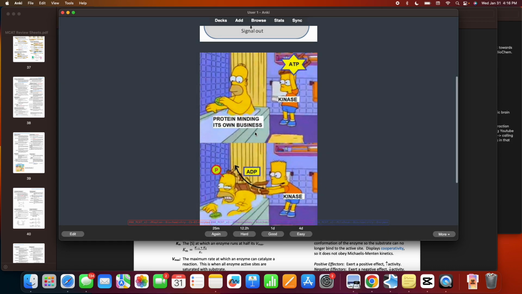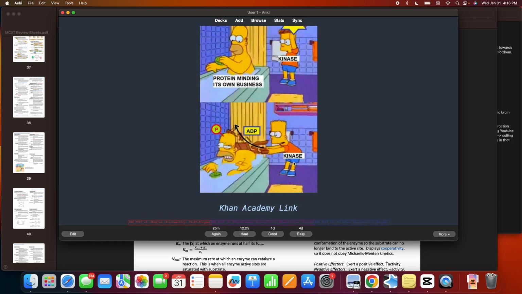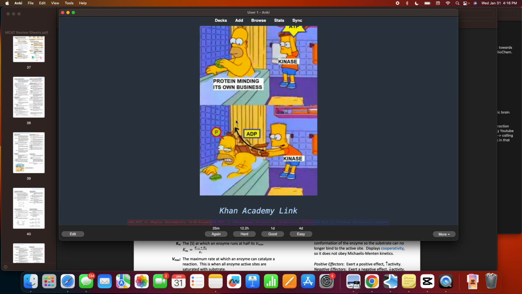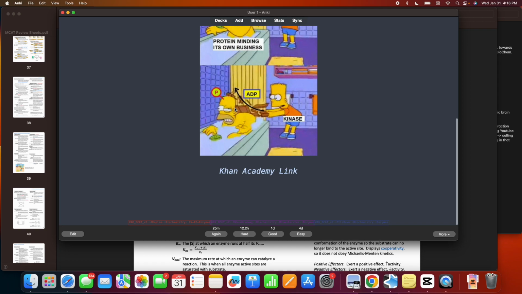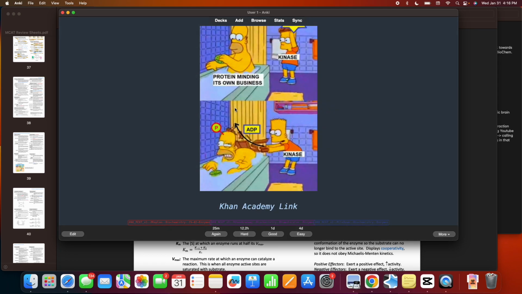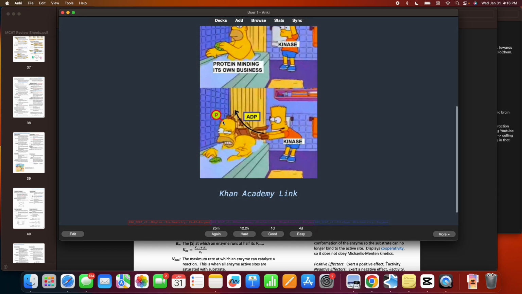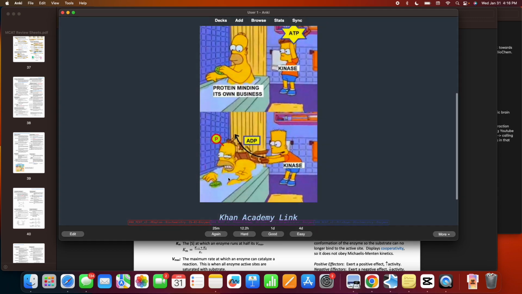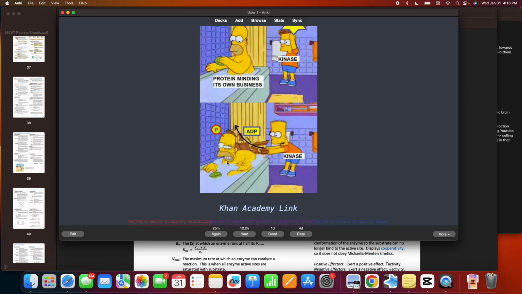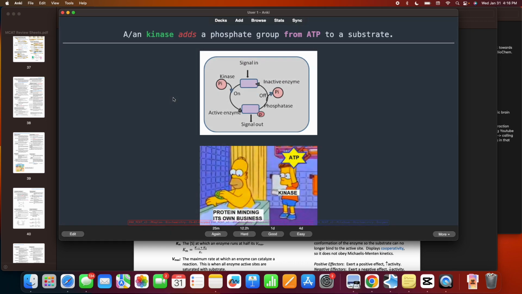Kinase, ATP, and then the ADP goes off and the phosphate attaches to him. But is he more energized? What's the relationship with energy? I'm just being deep here.